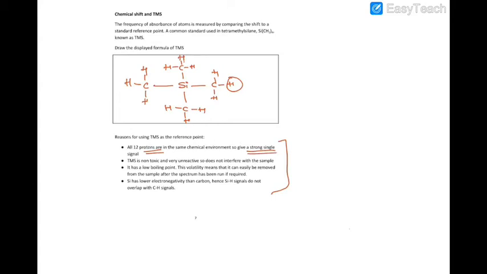It's non-toxic, therefore it can be used safely. It is also unreactive, therefore it's not going to react with the samples that we're testing. It has a low boiling point, which means that once we are done testing, we can remove it easily by just heating it.